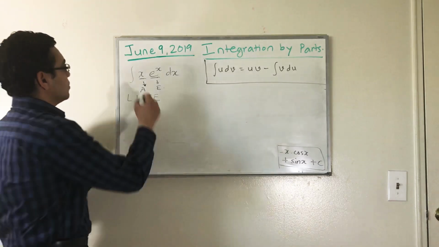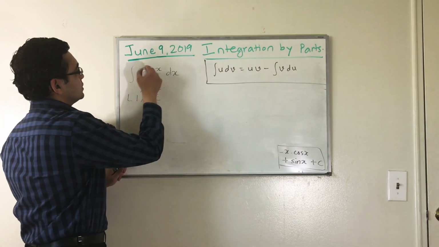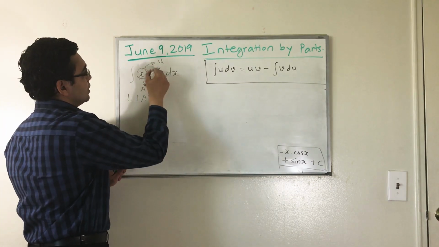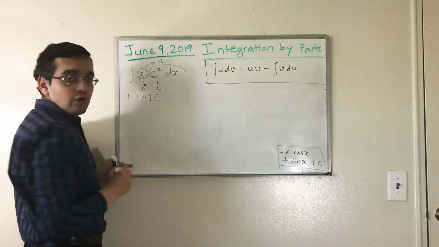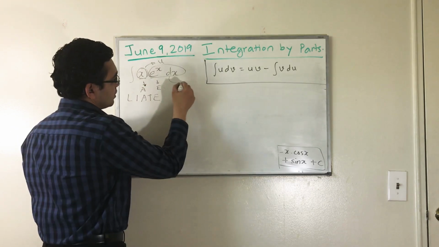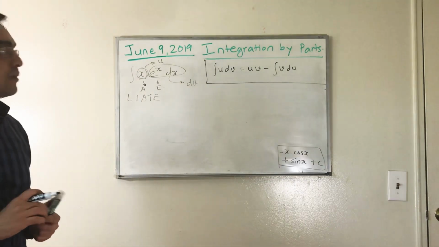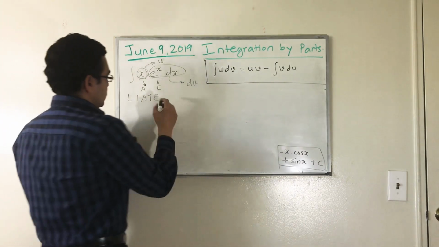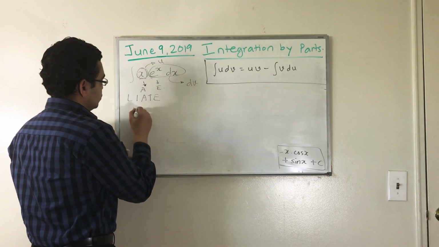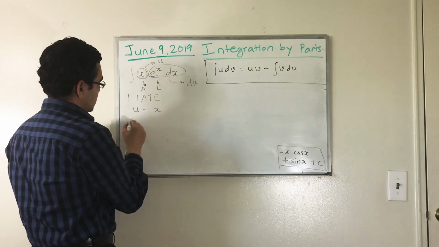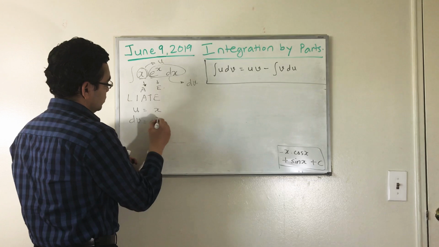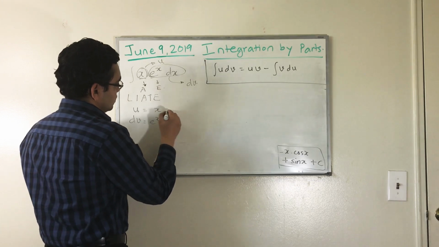So I'm going to say that this is my u, and whatever I'm left with, e to power x dx, is equal to dv. So I choose u equal to x and dv equal to e to the x dx.